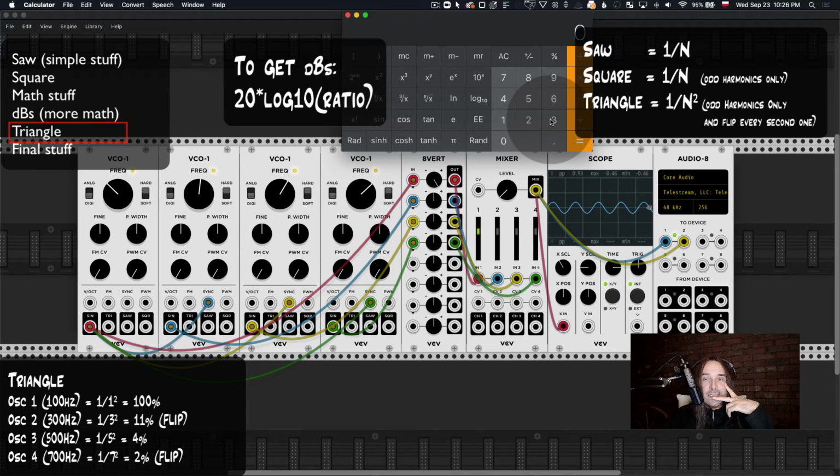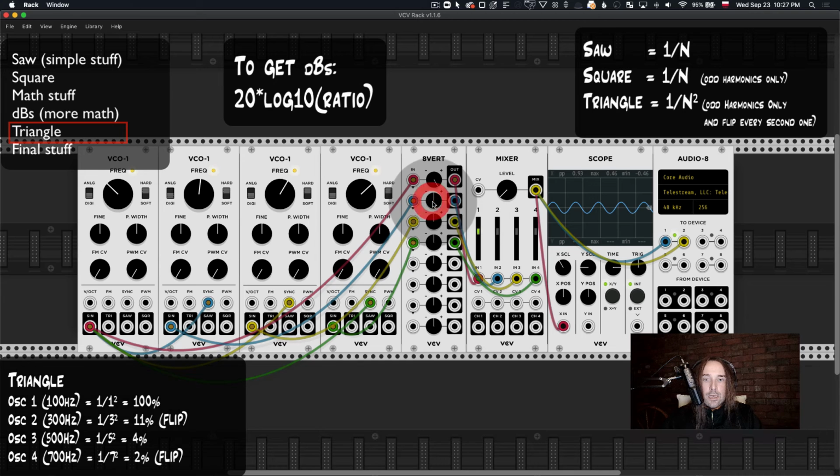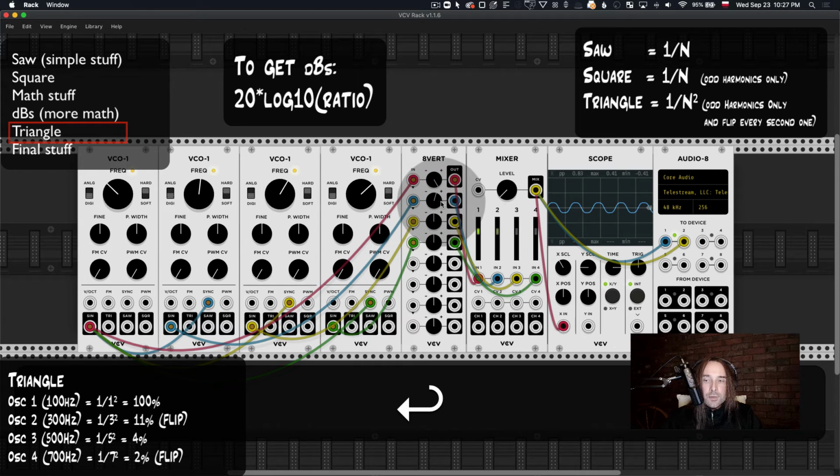So 3 to the power of 2 is 9, obviously. We don't need a calculator for that, but you need to divide 1 by 9 in order to get that value. Notice how quickly they decay. The first one was 100%. This one will be already 11%. And there is a caveat though.